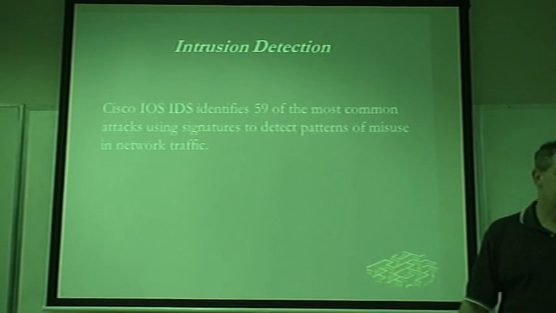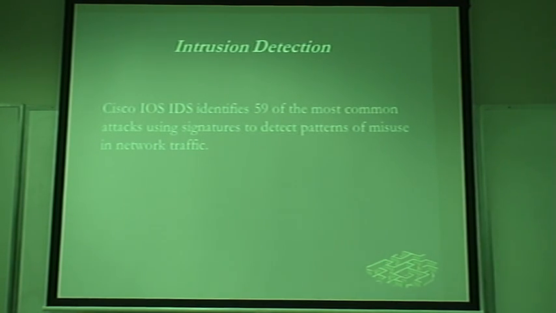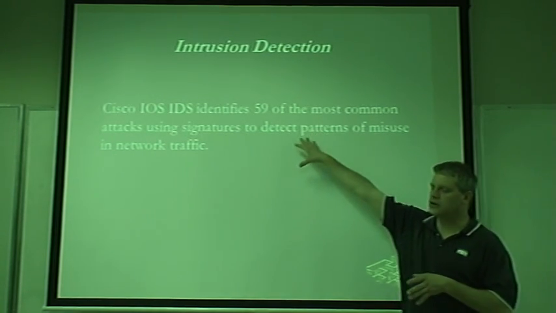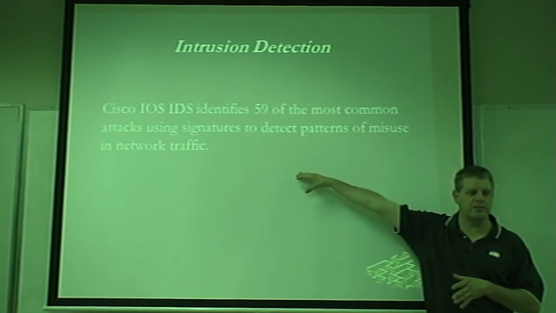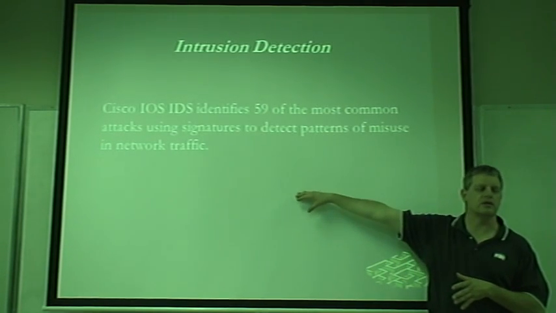The intrusion detection piece will look at the top 59 or most common attack signatures that are out there, and look at the patterns for misuse. Now, these signatures are only going to look at the information in your IP and TCP or UDP header.